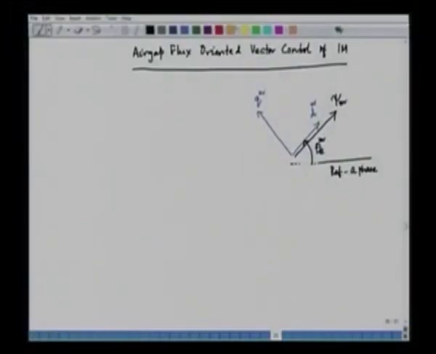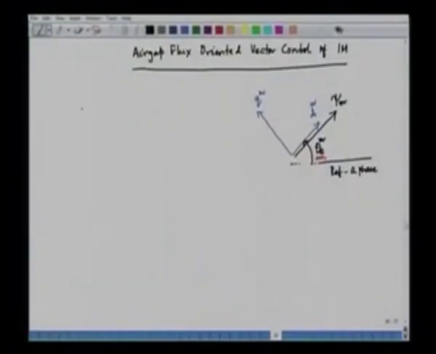The relative velocity between all of them in the steady state is 0, but they subtend different angles with phase A axis of the machine. So, the angle of the air gap flux vector, theta e, is different from the angle of the rotor flux vector.